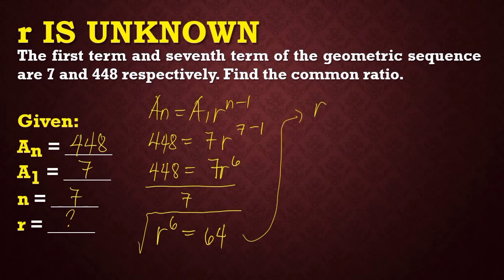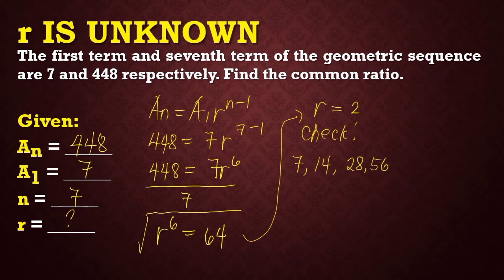So, r is equal to 2. So, check nyo man. I-multiply nyo yung 2, 6 times. So, lilitaw po yung 64 na product. Now, to check, so if the first term is 7, and then the second term is times 2, 14, times 2, 28, 56.